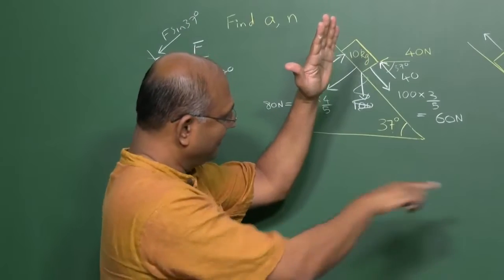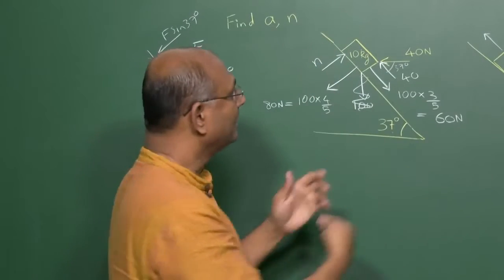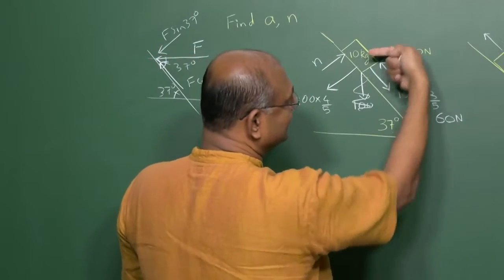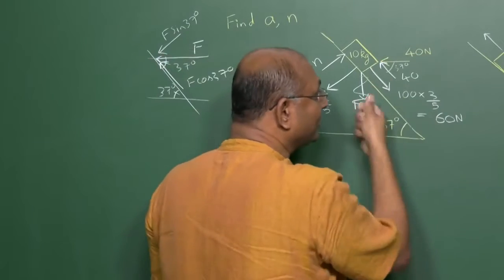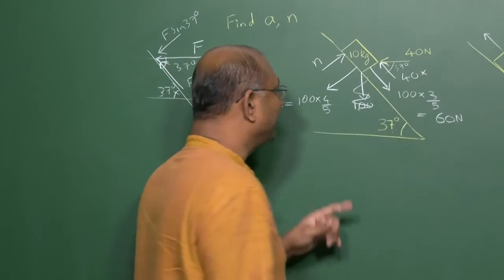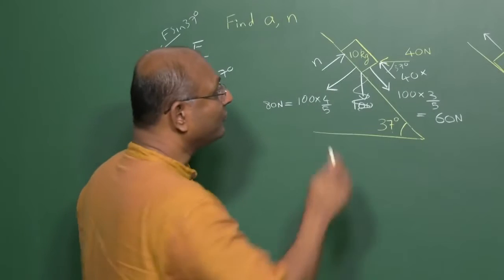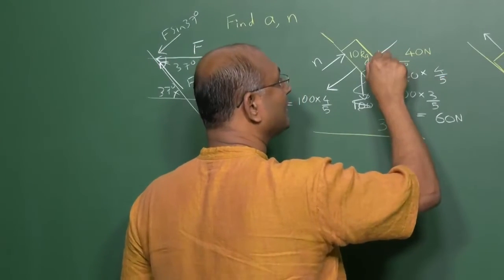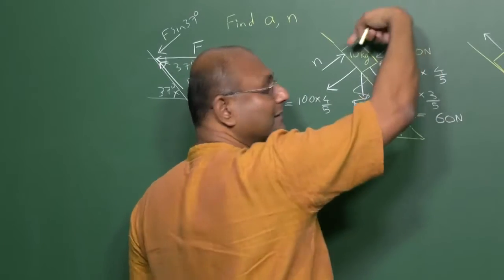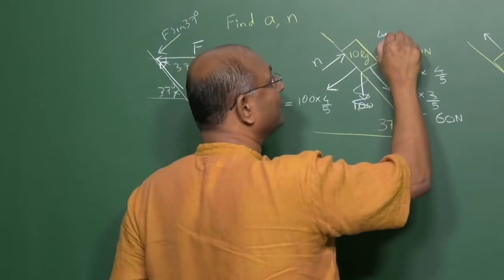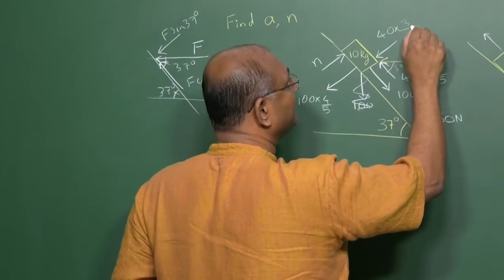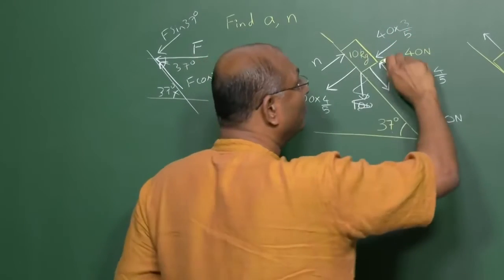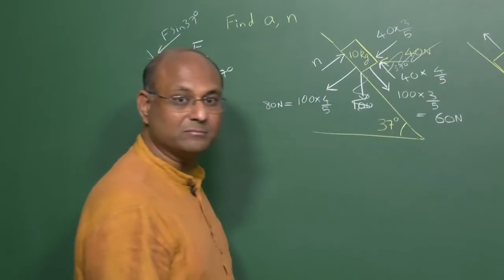Remember, F cos theta. What is 40 cos 37? Cos 37, remember, is 4 by 5. So 40 into 4 by 5. And then this force will be 40 sin 37, so 40 into 3 by 5. I don't have the 40 anymore.